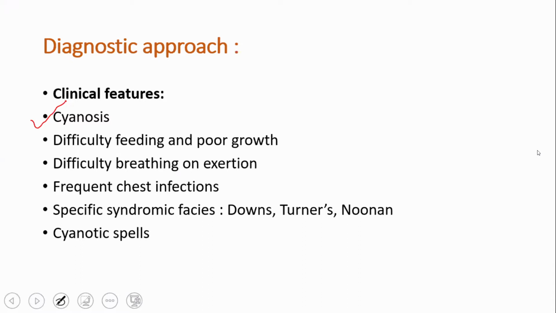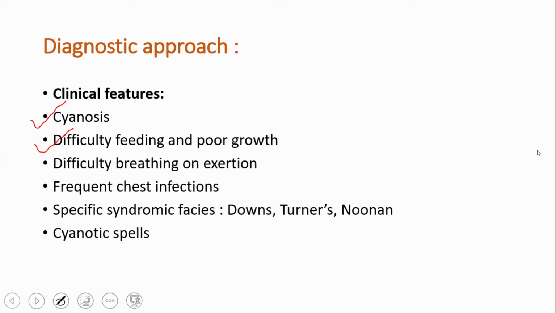Another very important presentation is difficulty feeding and poor growth. Most of the time, the baby will present with difficulty feeding. The baby feeds a little, then while breastfeeding gets tired and just leaves, and then becomes irritable because the child is hungry and tries to feed again. Feeding causes exertion, and again the baby will have dyspnea and leave.